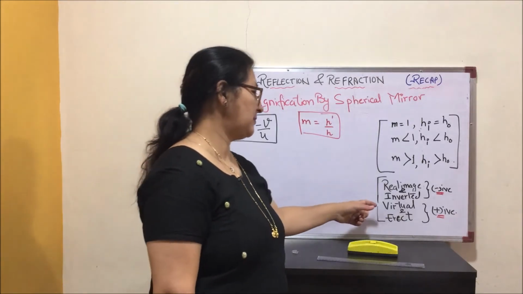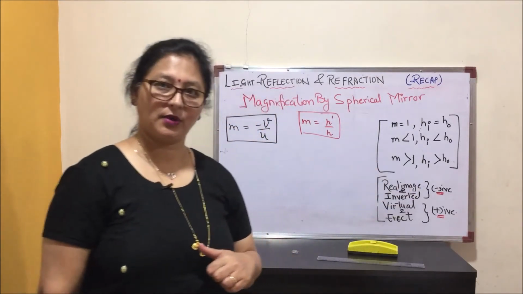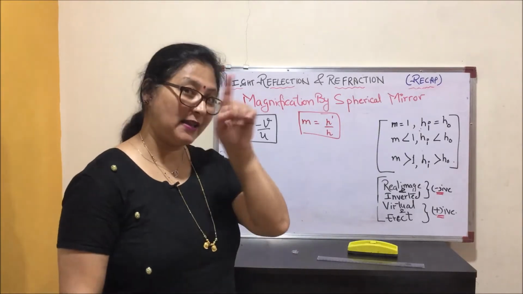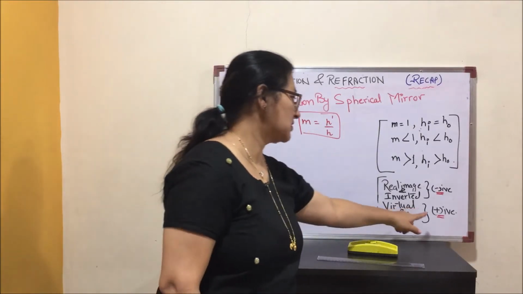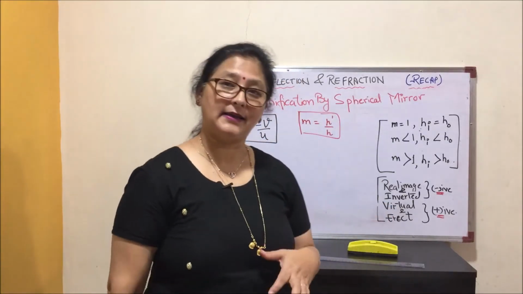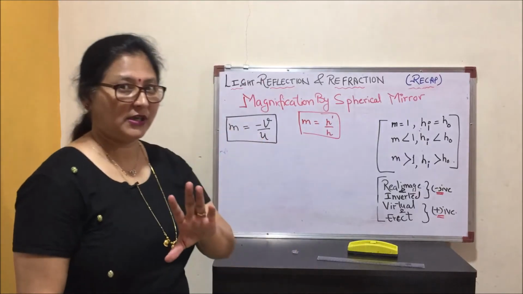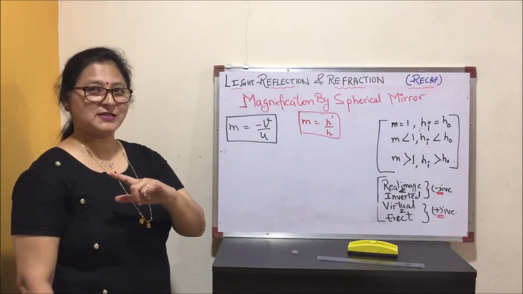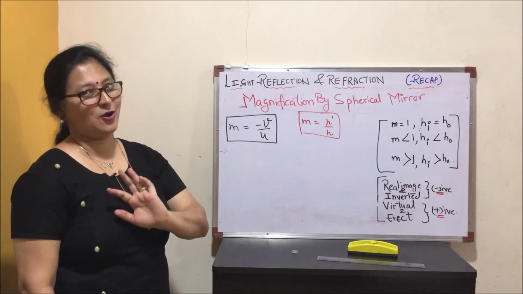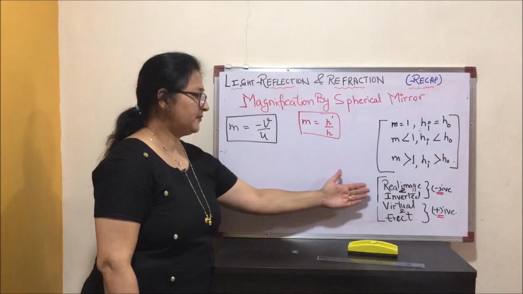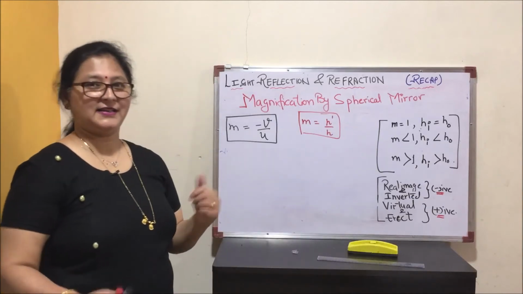Okay, when we say that magnification is positive, say +3, the positive sign shows that the image is virtual and erect. Clear? 3, because it is more than 1, it means the size of the image is greater than the size of an object.